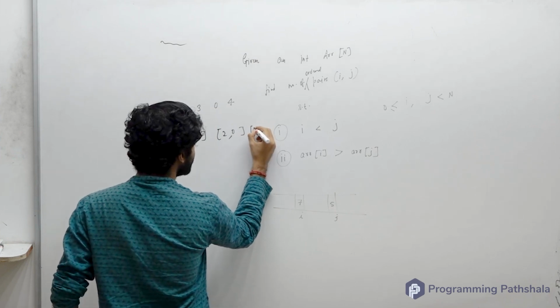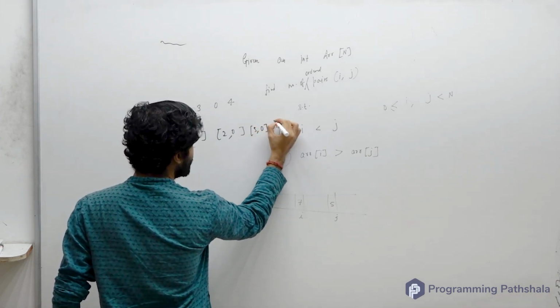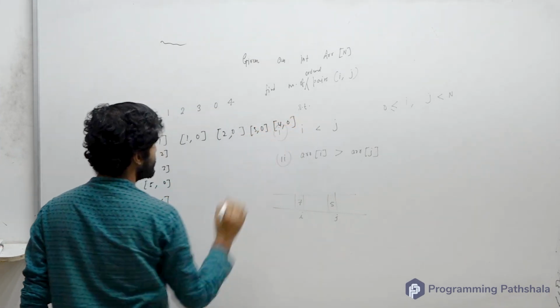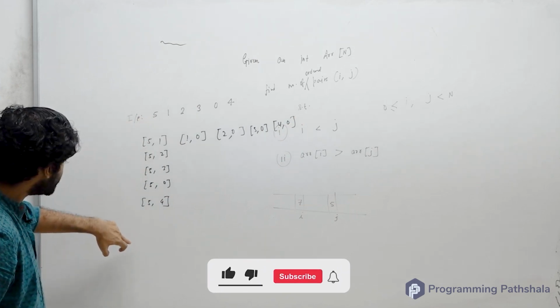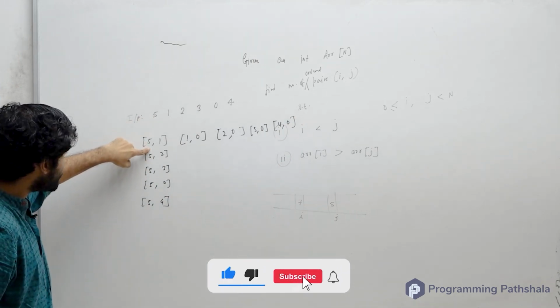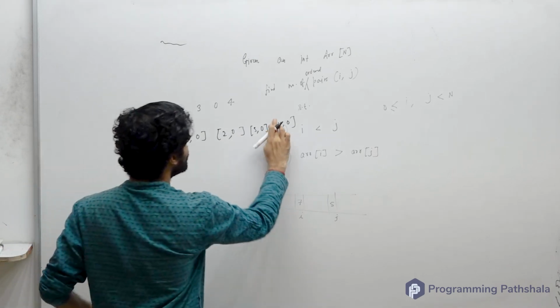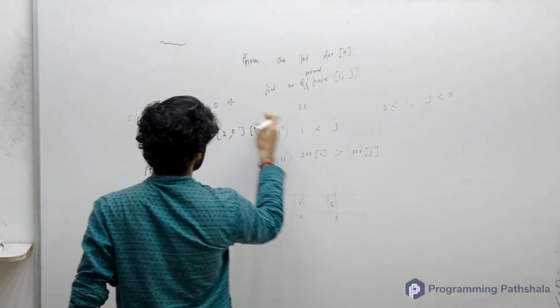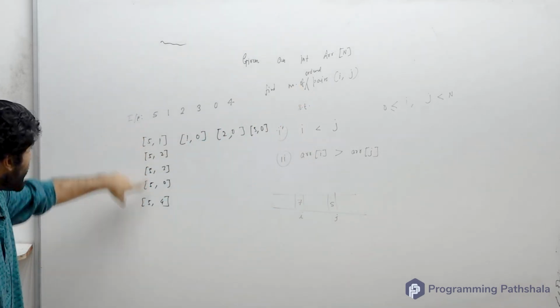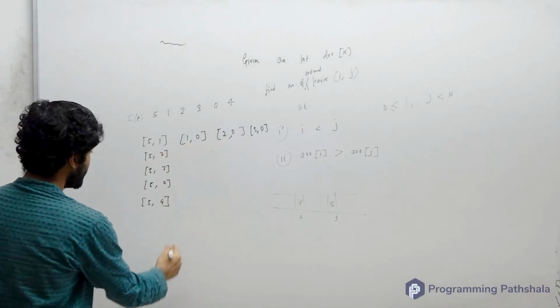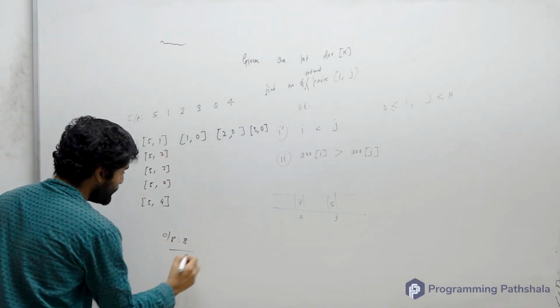The moment I fix 3, then also one option, 0. The moment I fix 4, then also one option, 0. So 5 options for this when my first element is 5, and 6, 7, sorry, hold on. For 4 you will not have anything, right? Because there is nothing towards the right side of 4. So 5 options here, 6, 7 and 8. So for this case, my output will be 8.